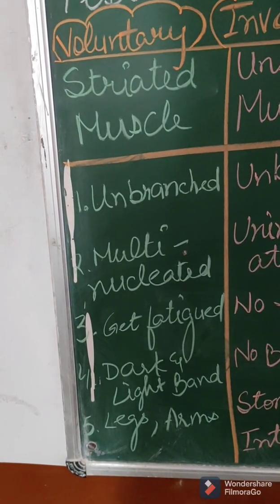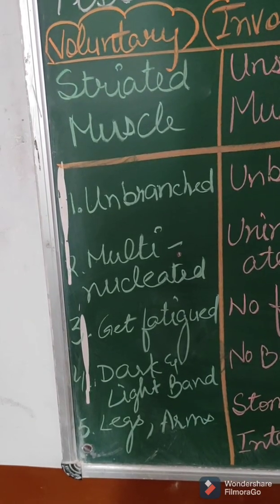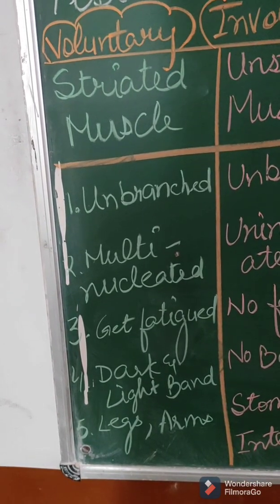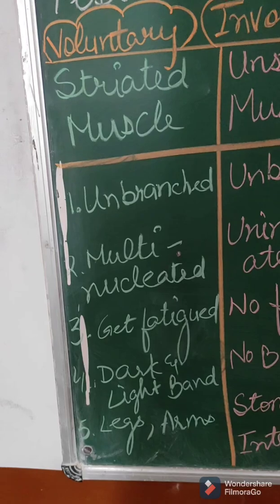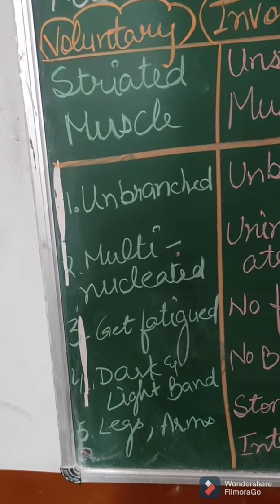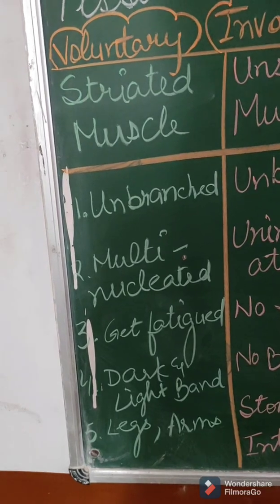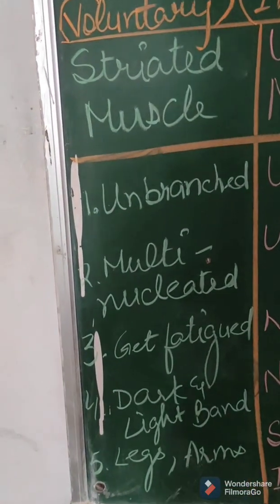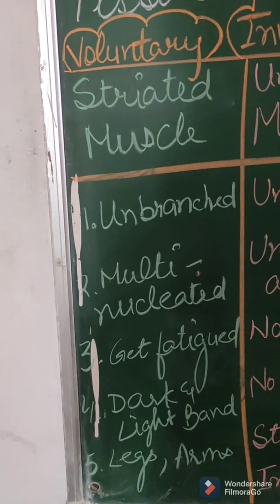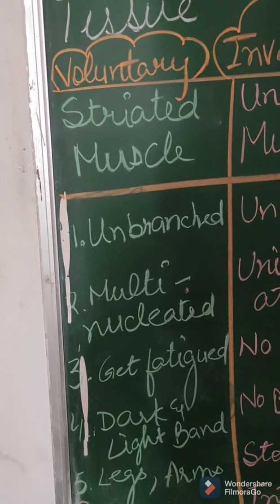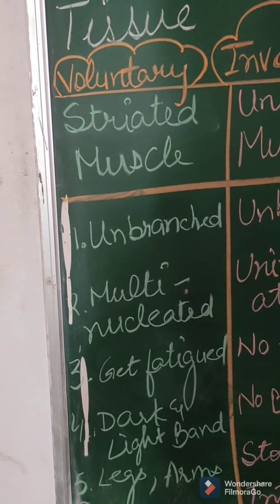The meaning of voluntary is according to your will. Means these are under your control. So striated muscles, present in legs and arms, work with your choice only. If you don't want to work, legs and arms are not going to work. If you want to run, the muscles of the leg will help you to run.